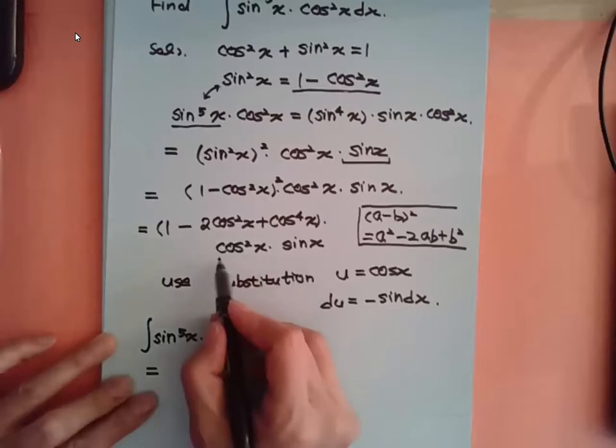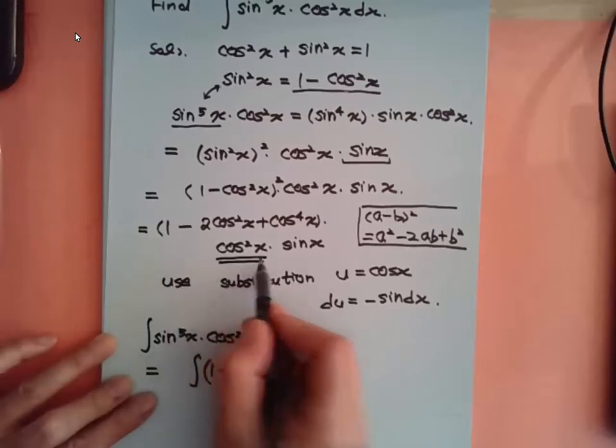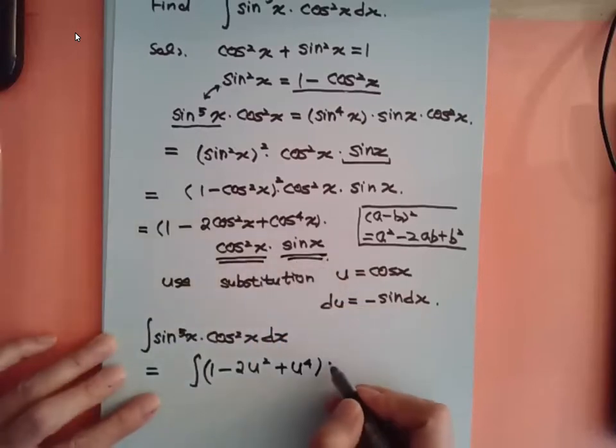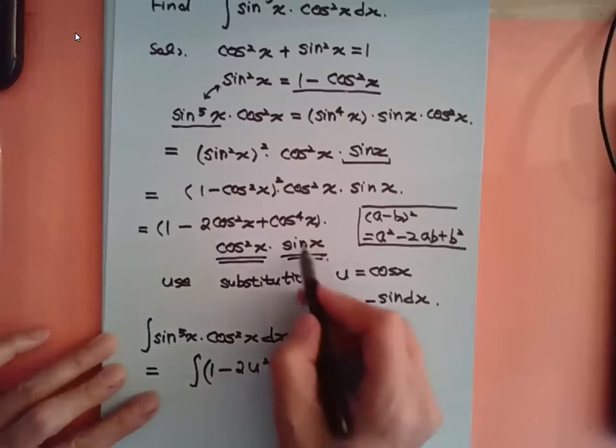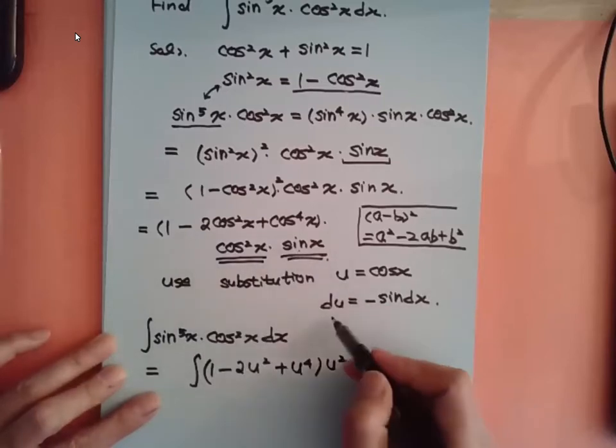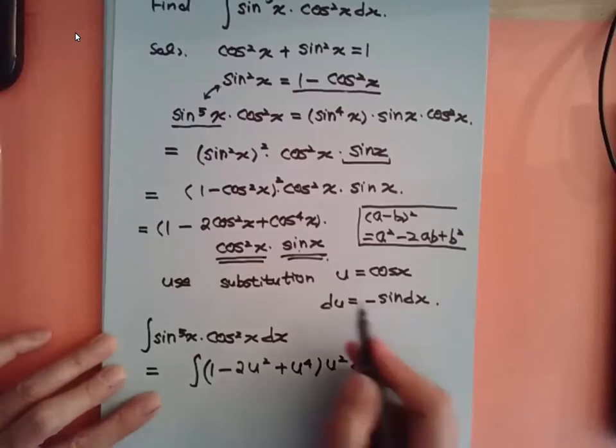And we have cosine squared here, just all three are multiplied. So cosine squared is u squared, and sine x dx will make du, but that is minus du.